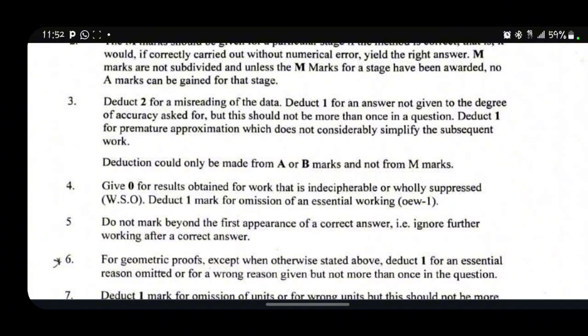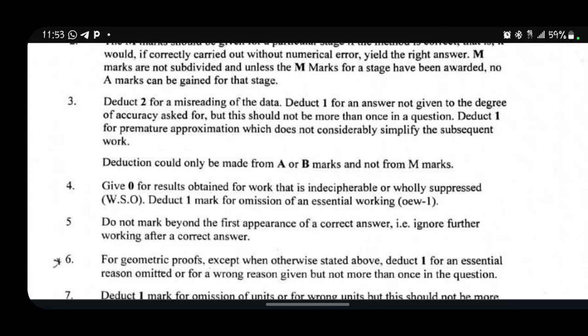But let's quickly take this one. Deduct 1 mark for an answer not given to the degree of accuracy asked for. Take for example, in latitude and longitude, after you have found the distance, you might be told to round off to the nearest degree, or to the nearest kilometer, or to 3 significant figures.